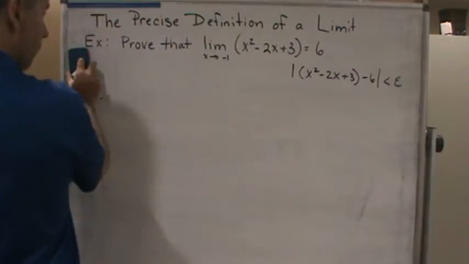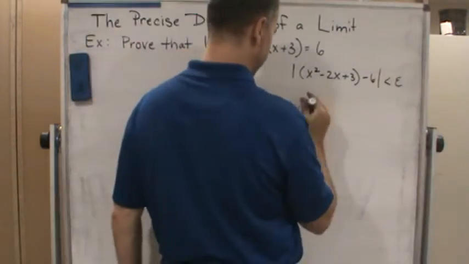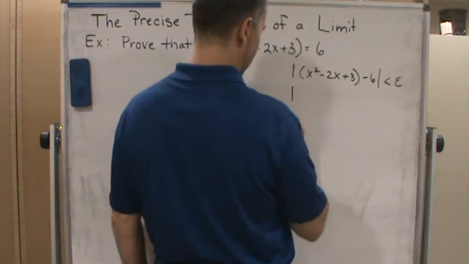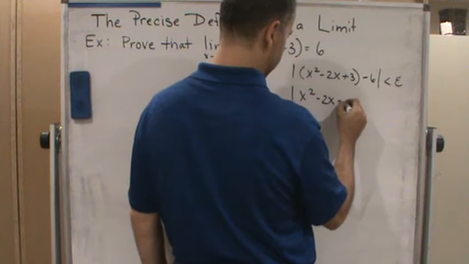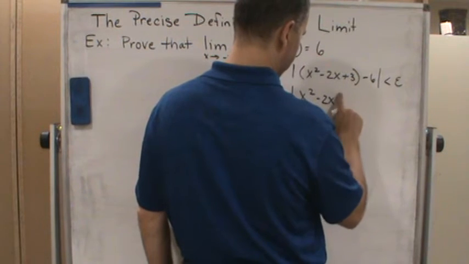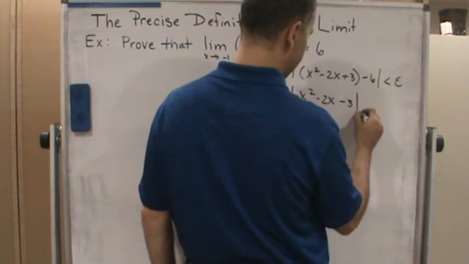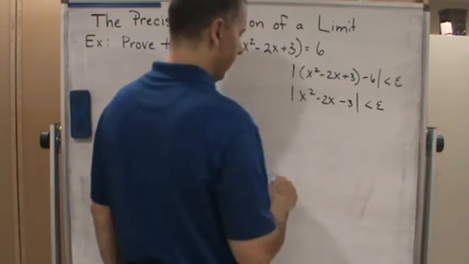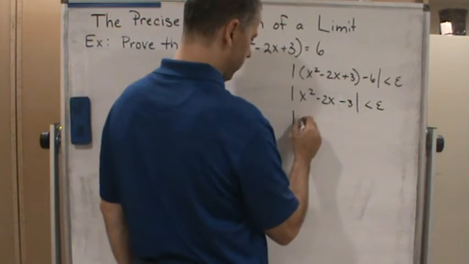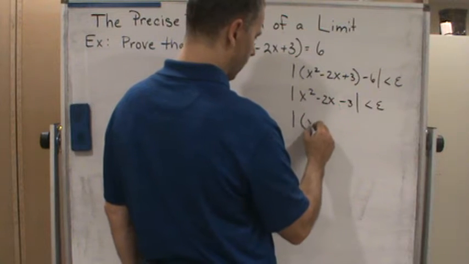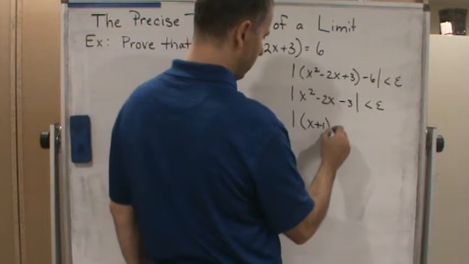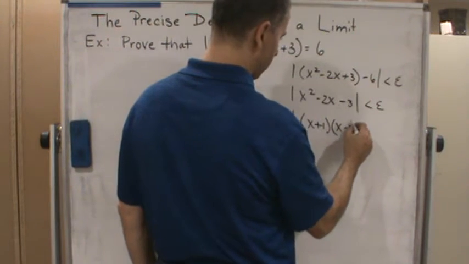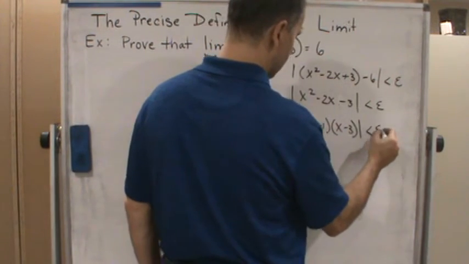So now, let's simplify this and see what we get. So we get the absolute value of x squared minus 2x minus 3 is less than epsilon. And then this is factorable, so this will be factored into x plus 1 times x minus 3 is less than epsilon.